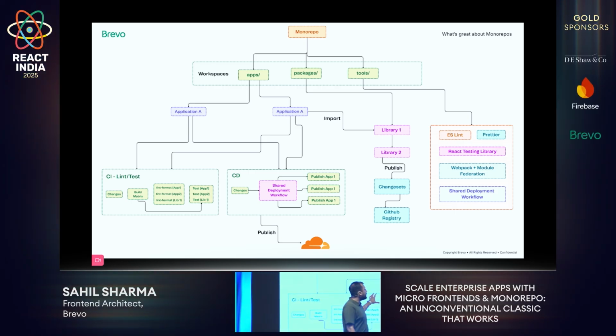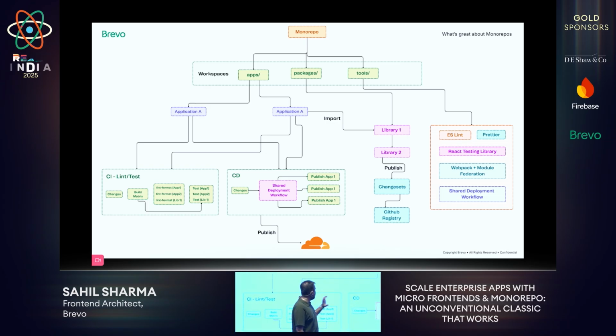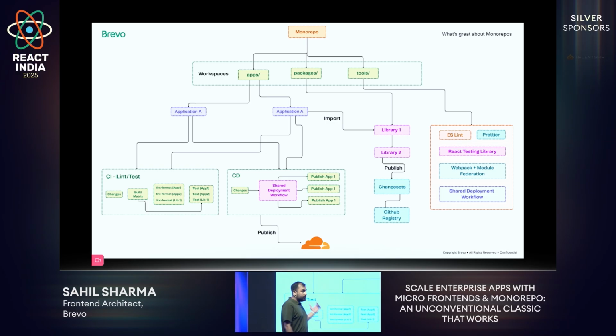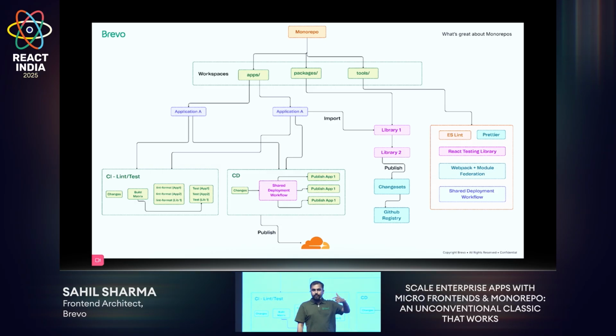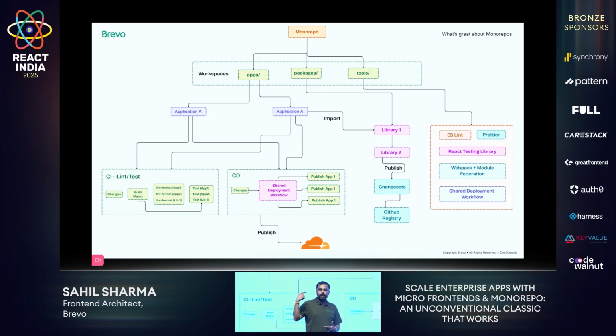If you look at the application, it has its own build process, which is reused, and you are reusing the shared workflow. It is able to deploy to Cloudflare Pages.